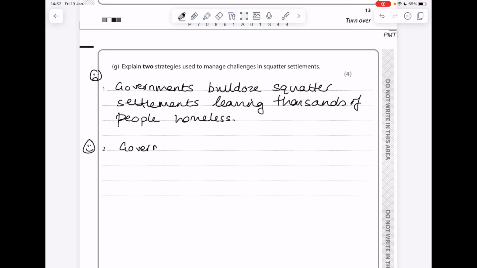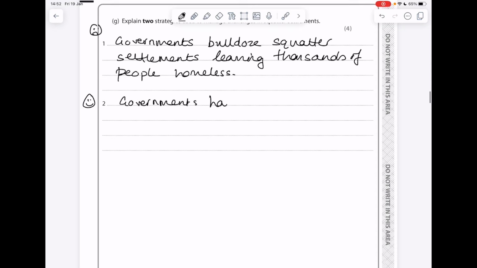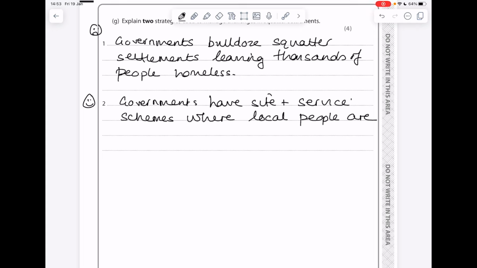Governments have site and service schemes where local people are able to buy land cheaply and build their homes.